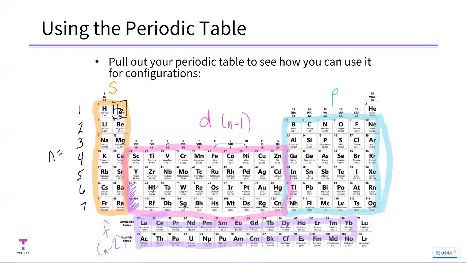Depending upon what periodic table and what source it comes from, some of them will put the lanthanum and actinium in the D block. Some of them will put lutetium and lawrencium in the D block. It gets kind of confusing. What are we going to do about it? We're going to largely ignore it.